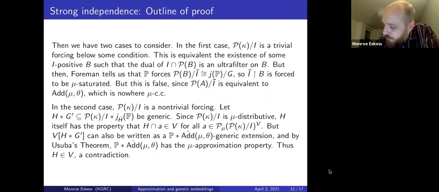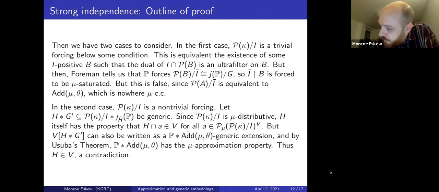Because mu is actually less than the completeness, you have to translate between the ultrapower and the generic extension, but you get that I bar restricted to this B is forced to be mu saturated, but this is just false, because PA, that's a kind of relic of an older version.